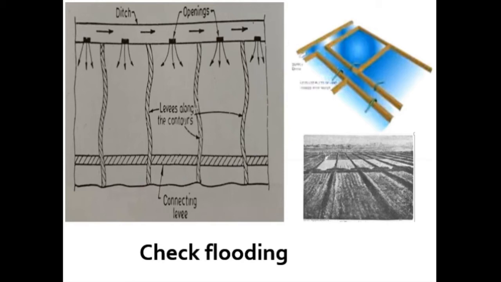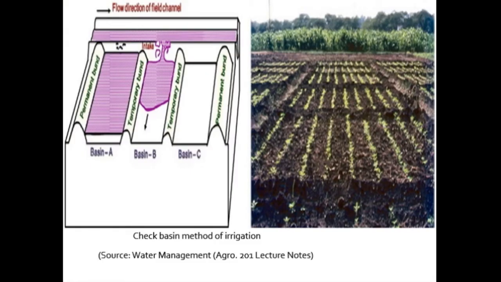In orchards, checks are used to irrigate each tree or a group of a few trees in a check basin. The levees are 2 to 3 meters wide at the base and 25 to 30 centimeters high in order to avoid obstruction to the movement of farm machinery, as also to permit growth of crops over them.